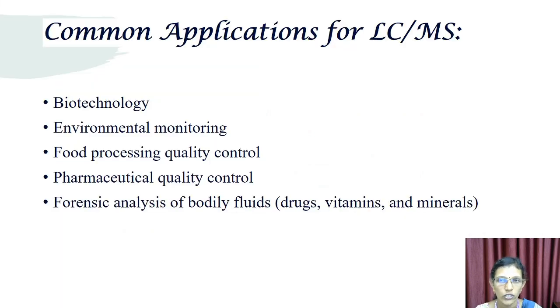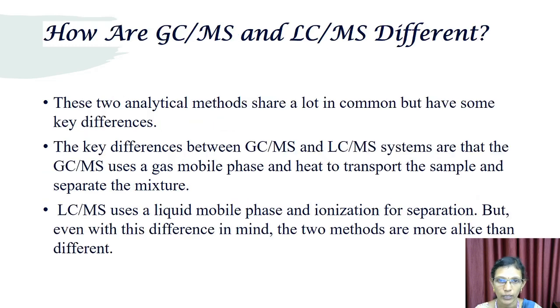This is also widely used in our day-to-day life: biotechnology, environmental monitoring, food processing, quality control, pharmaceutical quality control, forensic analysis and bodily fluids. Bodily fluids, in the sense they are mostly the liquids produced in our body. Okay, up to this.